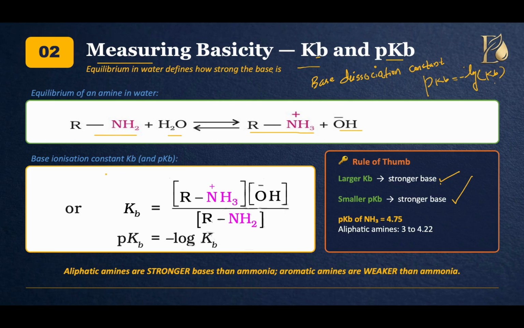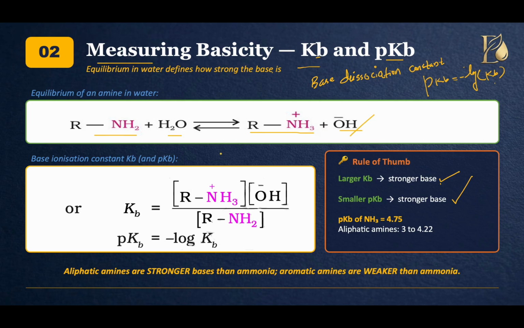So this ionization constant measures how strongly the amine behaves as a base. Now a larger Kb value means the equilibrium shifts towards the product side. So if the Kb value is larger, the equilibrium shifts more towards the product side, producing more hydroxide ions. Therefore the base is stronger. If more hydroxide ions are produced, then the base is stronger.